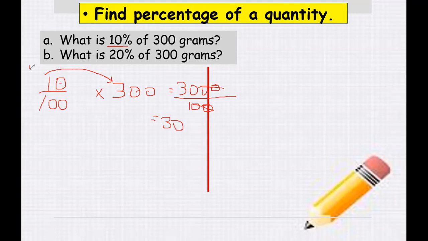This is the first method. Let's do the second method. You can also write this in decimal. So as a decimal, 10% is what? 10% is 0.1 times 300.